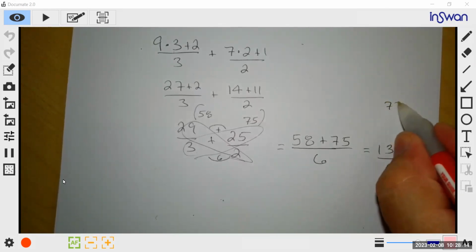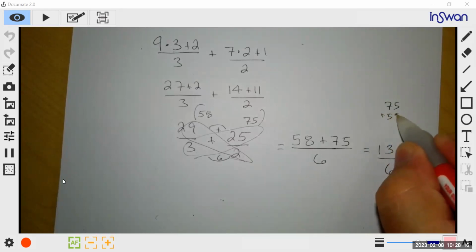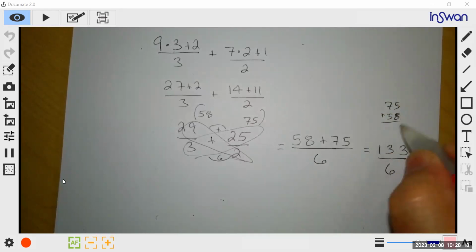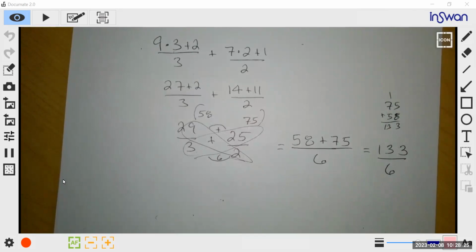So we have 58 plus 45 over 6. Adding the numerators, we get 103 over 6.